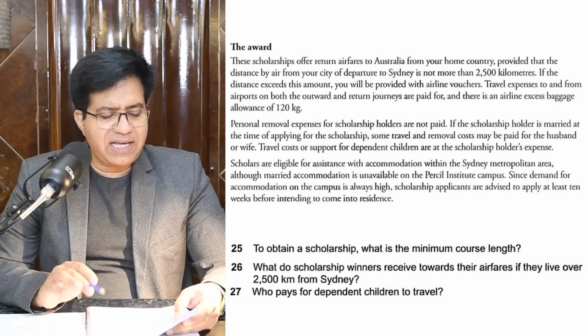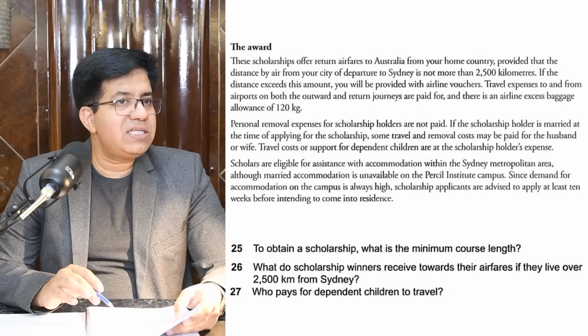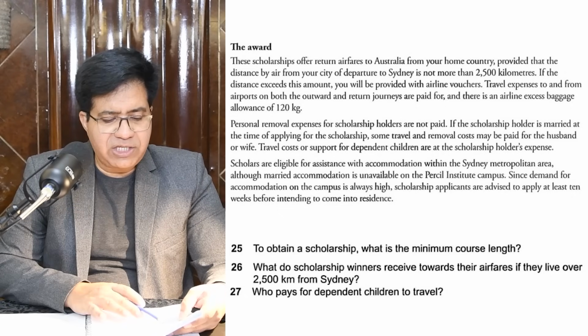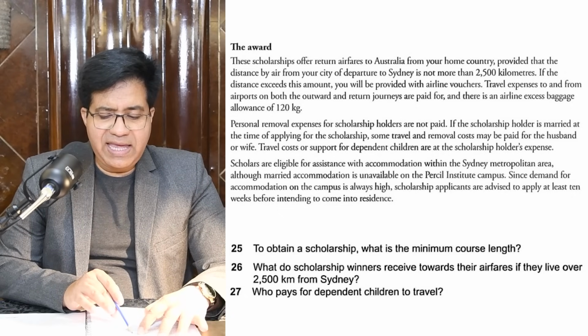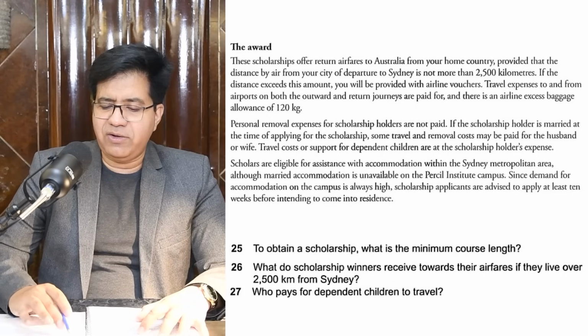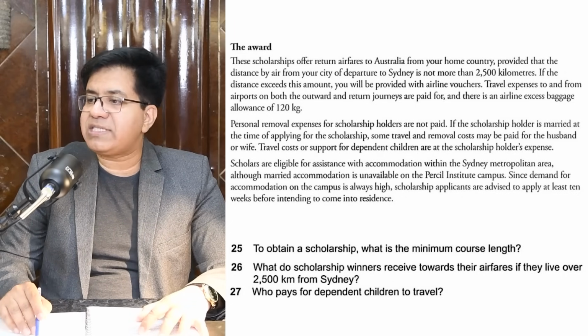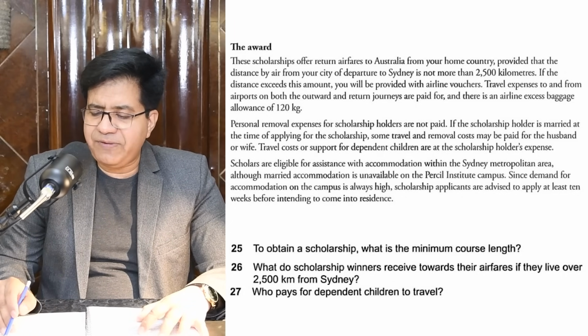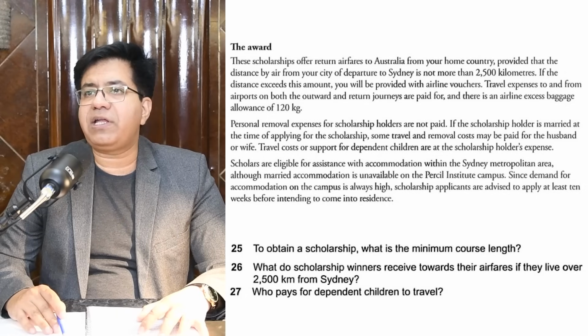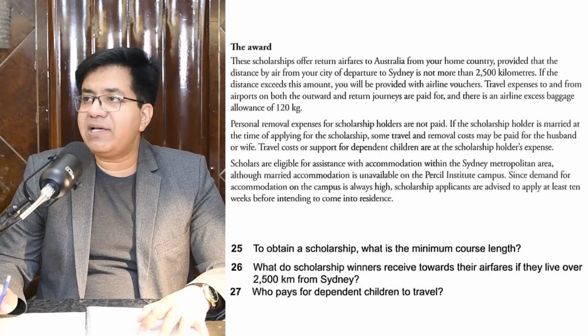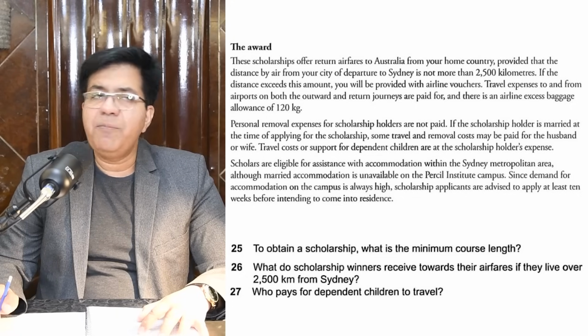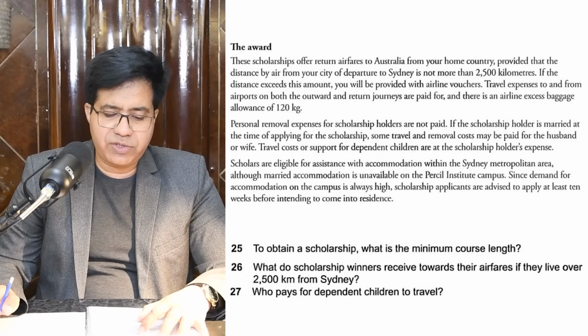If the distance exceeds, means more than 2,500 kilometers, you will be provided with airline vouchers. So they receive airline vouchers. Although they will accept only vouchers as well, it's good to write airline vouchers.